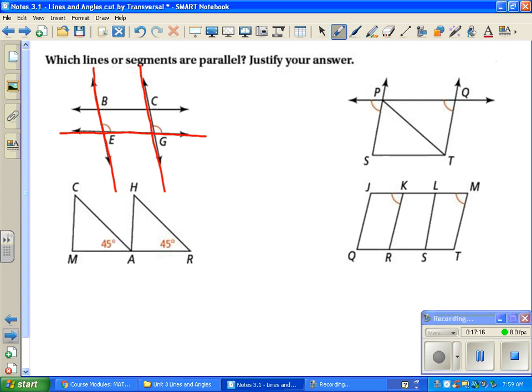So we're looking at, this is the top right of those intersections. One's outside the parallel lines, one's inside. That automatically makes it corresponding. So our angles are corresponding.